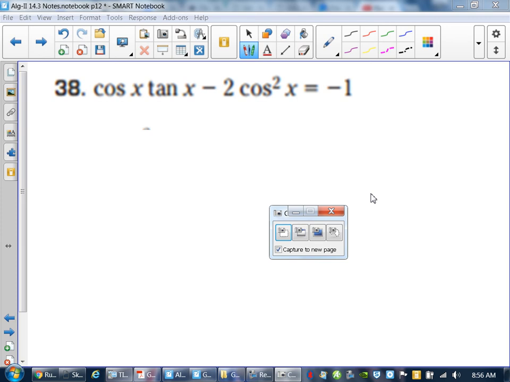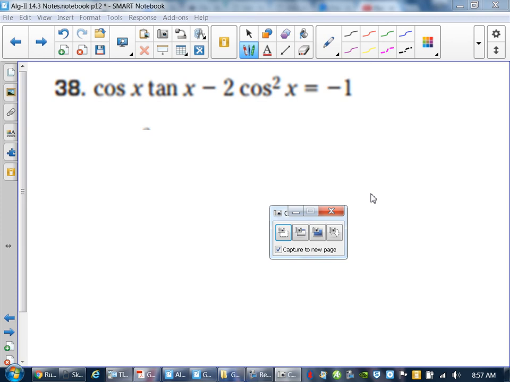So in this one, you're going to have cosine times tangent minus 2 cosine squared equals negative 1. In this case, we have to figure out a way to put everything in terms of one of the trig functions. I see that cosine tangent. Tangent can be rewritten as sine over cosine.